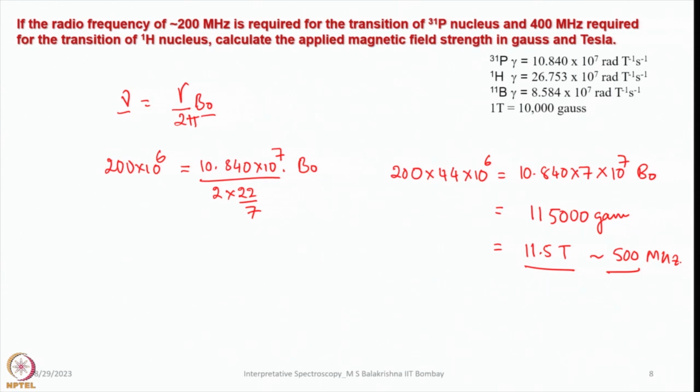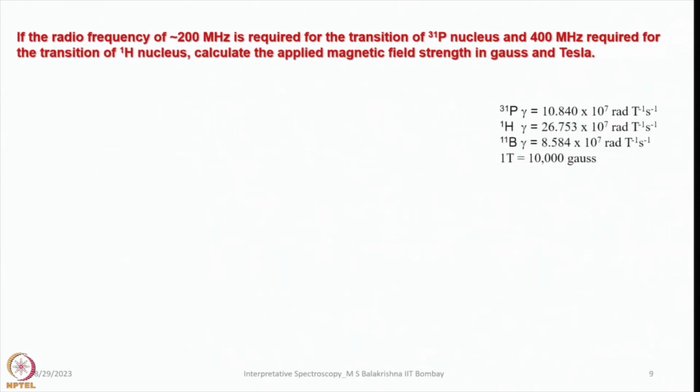Now, let us look into the second one. The second one is 400 megahertz for 1H. So, the same you can do it again, use the same equation, gamma into B naught over 2 pi. So, this is 400 into 10 raised to 6, so simply I can write it here 44.